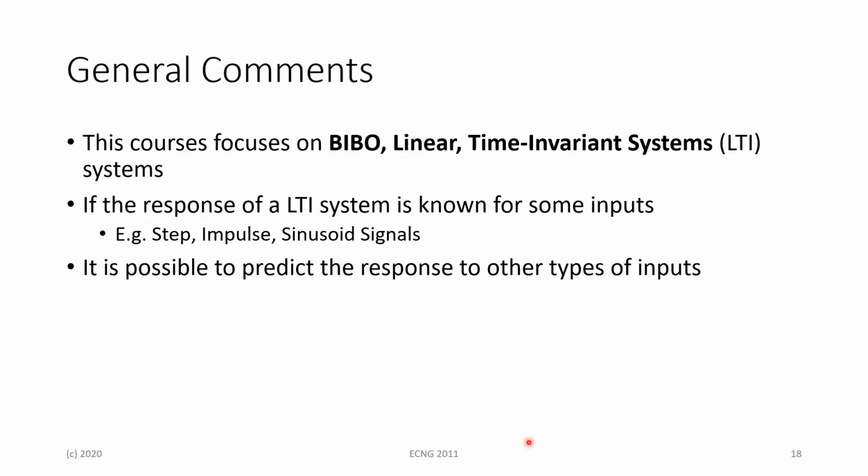The main reason for this is that BIBO linear time invariant systems are probably the simpler way, I can't say simple, the simpler way to actually observe signal and system characteristics.